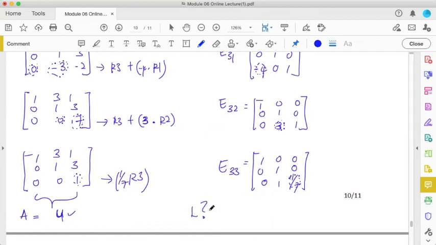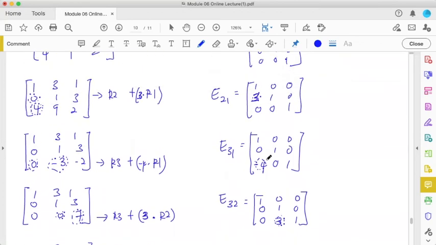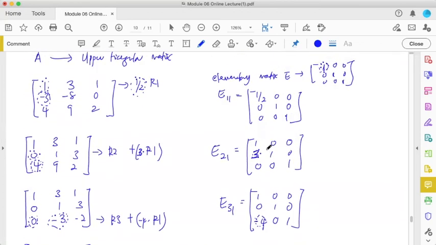Before we find what L is, we look further at our elementary matrices. You need to build these elementary matrices based on the operations that you get when you perform the elimination method. We start with the elementary matrix E11. We need to find the inverse of this.